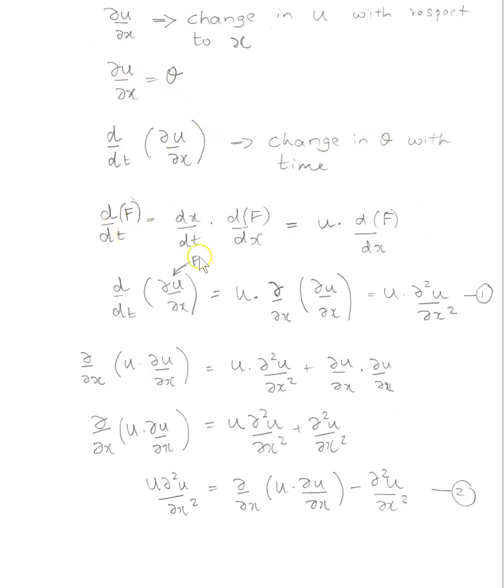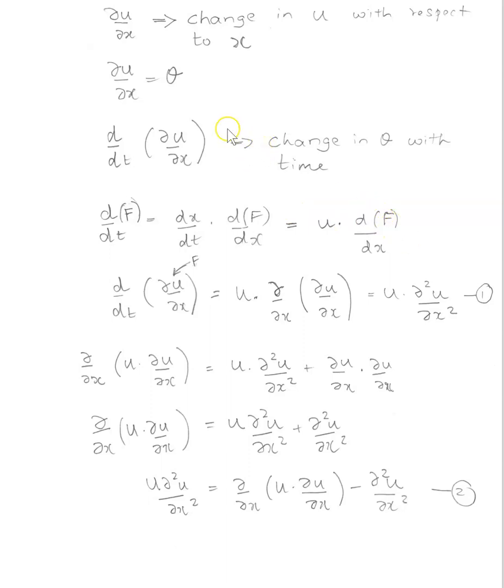So now let's look at the chain rule here. df over dt equals, we just put dx and dx here, so it's df over dt, and the dx cancels out. And dx over dt is u, the change in x with relative to t, and df over dx remains.